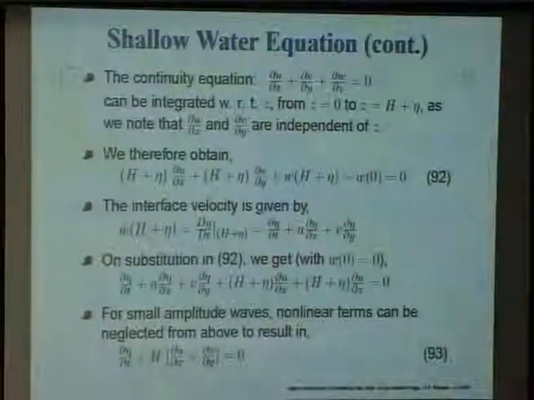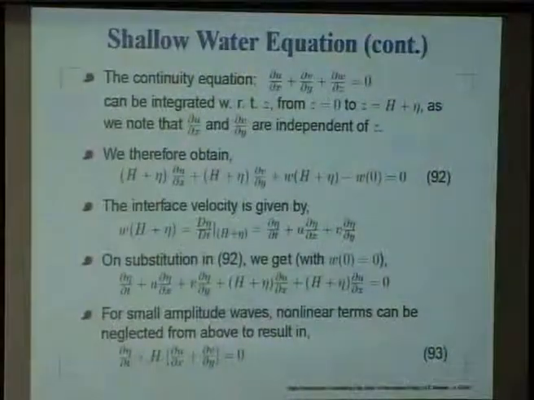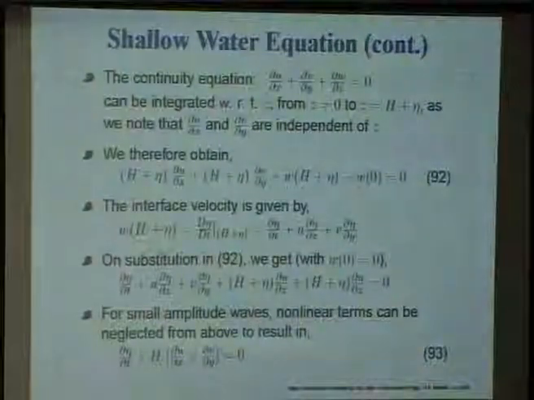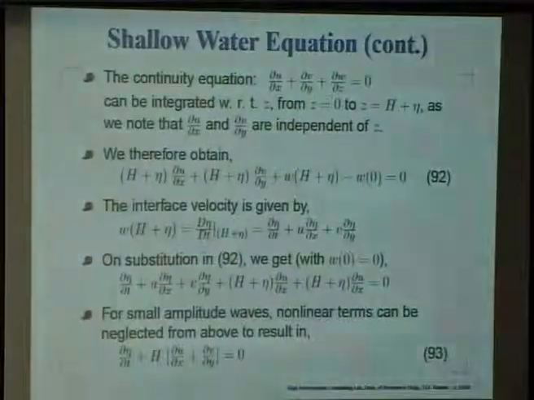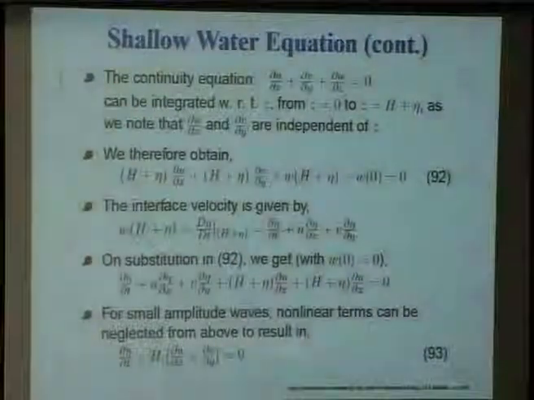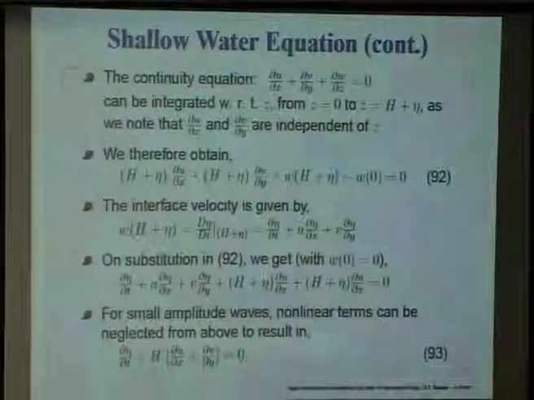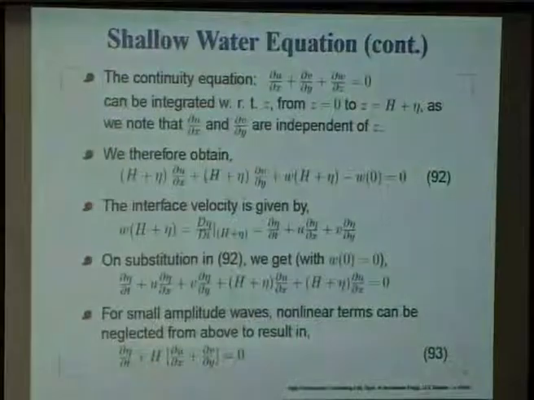Now, we are again restricting ourselves to small amplitude waves, then we can knock off the nonlinear terms like this, u del eta del x, v del eta del y plus this kind of terms, eta times del u del x, eta times, I think that should be del v del y.